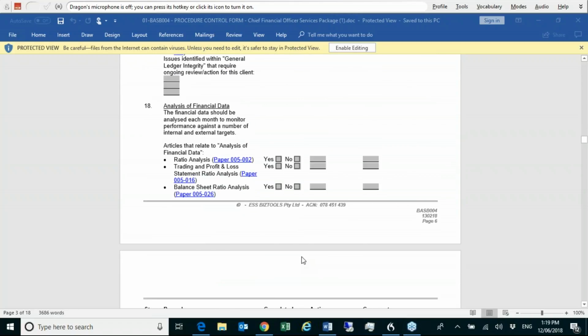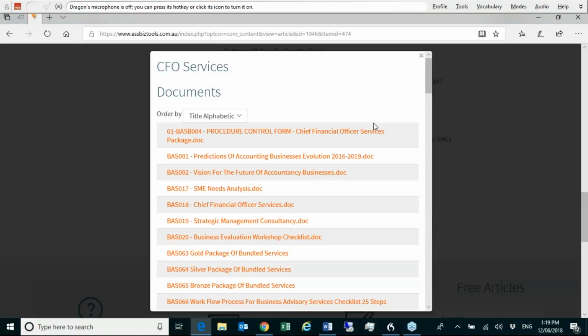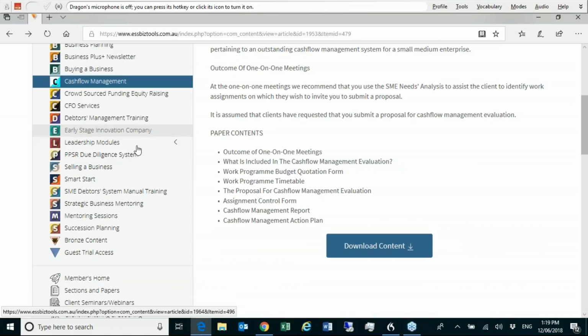So there's a lot of material here, and please try to use it. Talk to your clients about offering a CFO service to give them the equivalent of an in-house presence of an accountant. We've got the debtors management training.